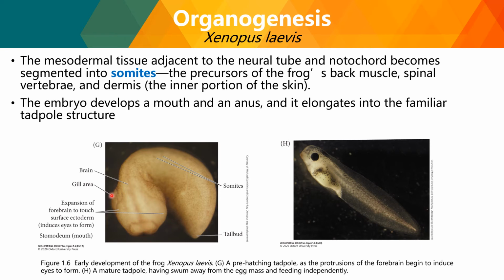And then, here at the parang neck area nila, you already see the gill area. And then the brain sa taas, and then of course the tail bud. So in age, this is already a mature tadpole having swum away from the egg mass and feeding independently.